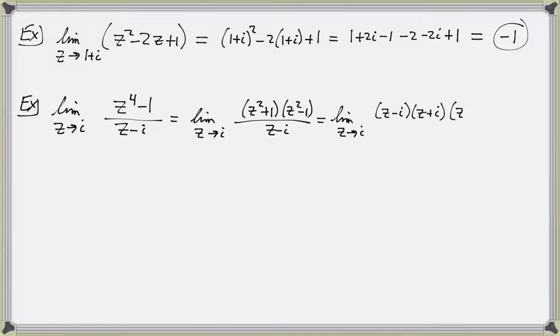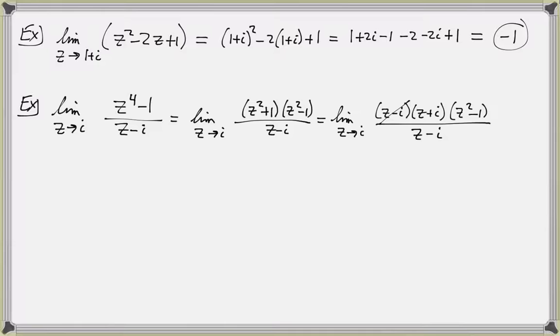So I have this expression, and we see that since we're not considering values of z equal to i, this fraction will always simplify when z is not equal to i.